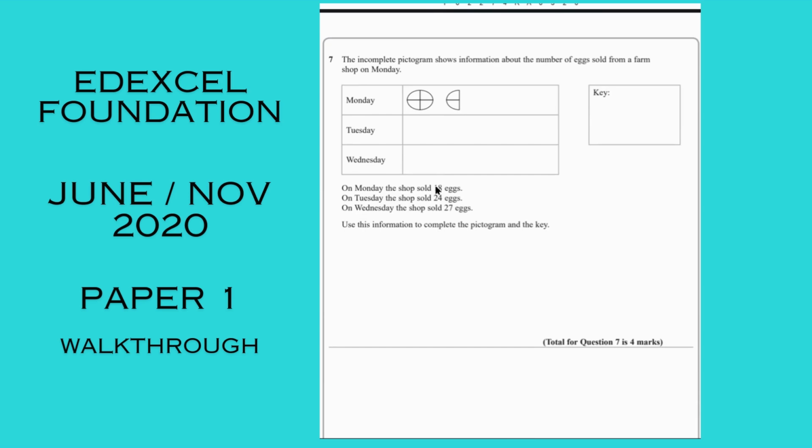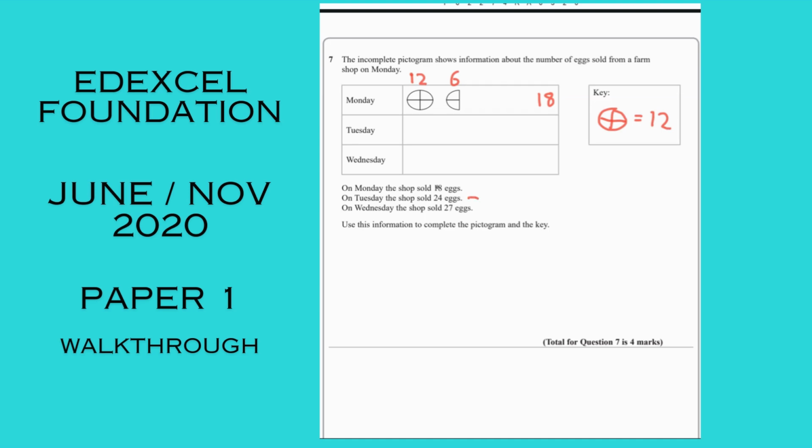Pictograms. So, you're told 18. So there's a whole thing, let's call it, and half a thing. The only way you can have a whole plus a half of itself to make 18 is 12 and 6. So one of these sort of ovally window things is worth 12.